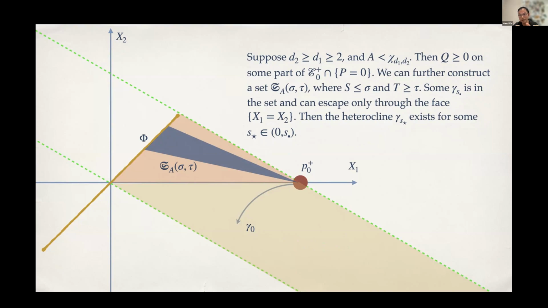And for integral curves in these regions, of course, they will still not converge to P0 minus. However, you can use a continuity argument to show that between the integral curves that are in this blue triangular region and 0, there will be some parameter that actually gives you the heteroclinic. So that's basically the idea of the proof.